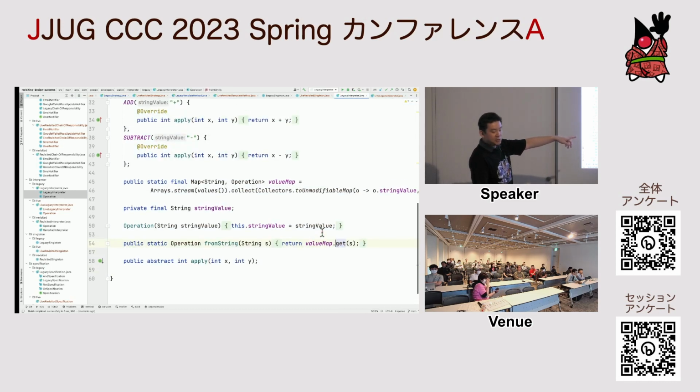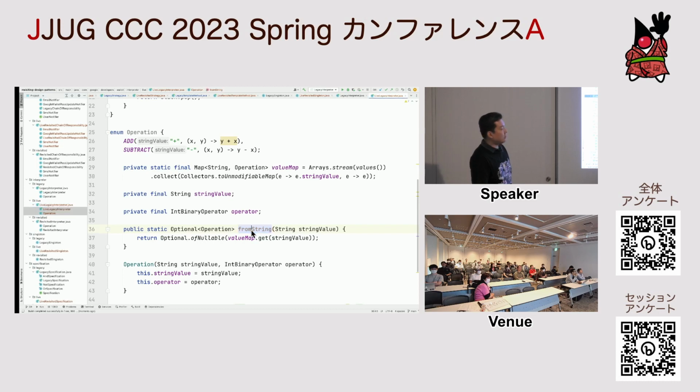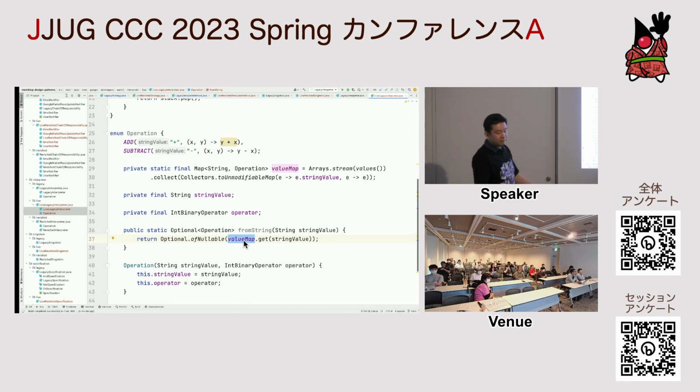So if it doesn't match an operation, plus or minus, it's going to return null. Okay? So how can we improve this? Well, we have this class since Java 8, which is optional, which allows us to return if there is a result or not. So I just create an optional here of nullable, because this value can be null.